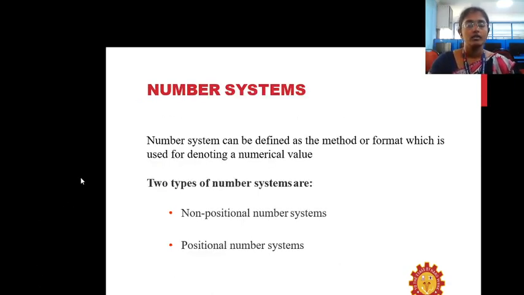So number system. What is a number system? Before that, today's digital devices like your mobile, laptop, every device will process only numbers, that is the binary numbers, which are zeros and ones. So the number system is a method, a kind of format which is used for denoting numerical values. Why? Because the system can process only numbers, not any kind of language like English.